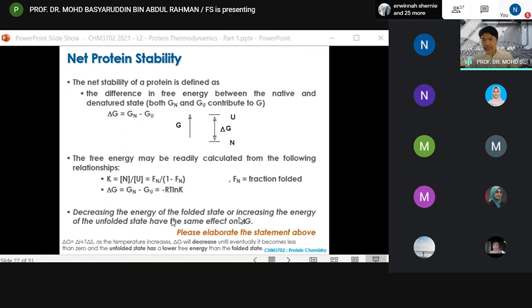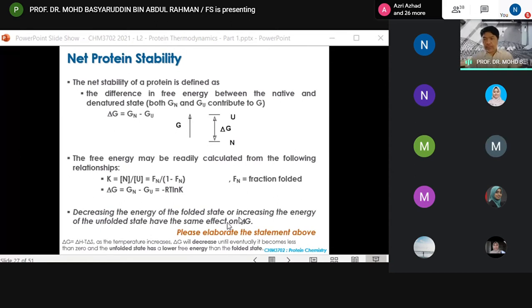That's why I mentioned, please elaborate the statement above: decreasing the energy of the folded state or increasing the energy of the unfolded state has the same effect on delta G. This is the kind of question where you know the answer, but I'm sure you may have difficulty arranging the information.